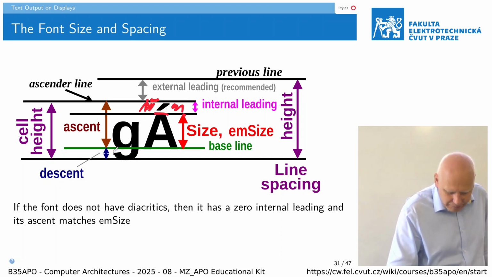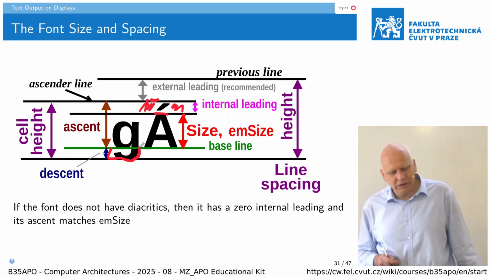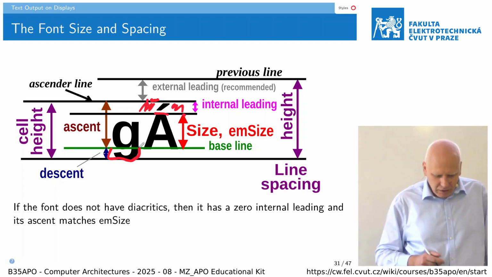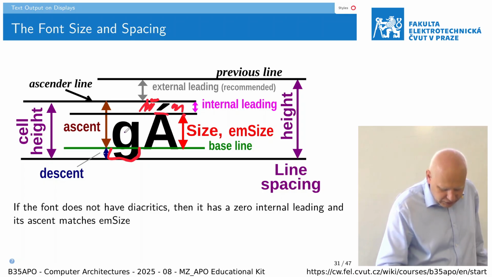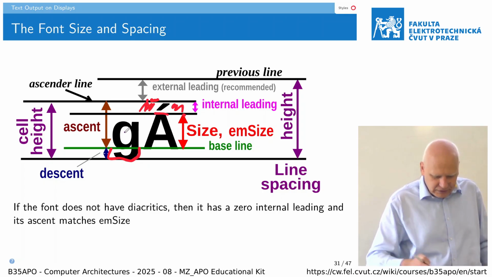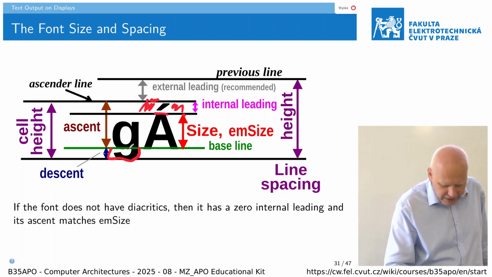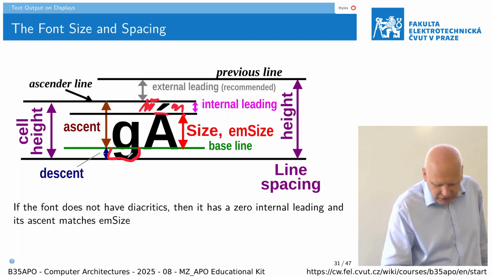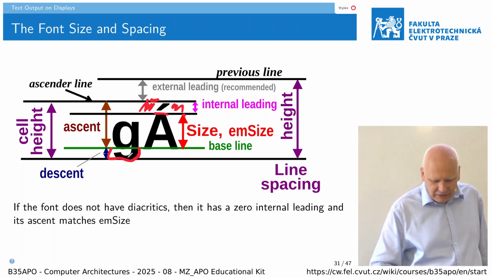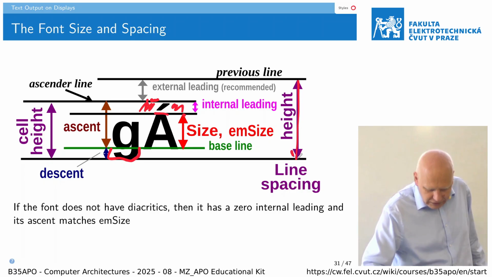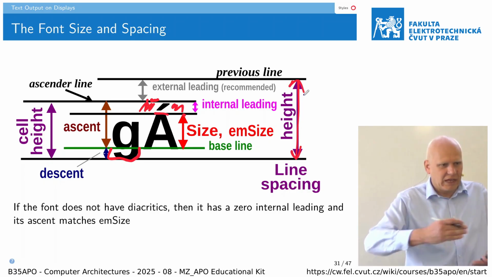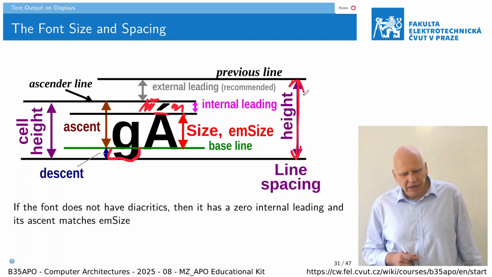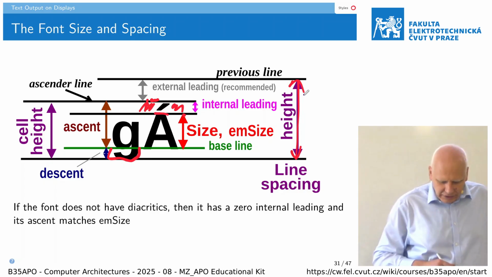Then you have some descent, usually for letters in lowercase, which need something below the baseline. And then you usually need some spacing between the lines if you want to write multiple lines of text.